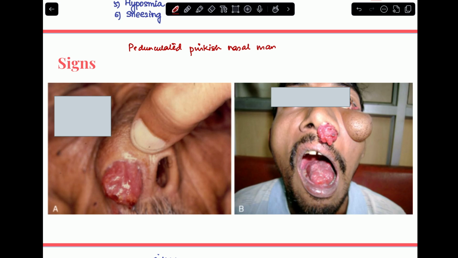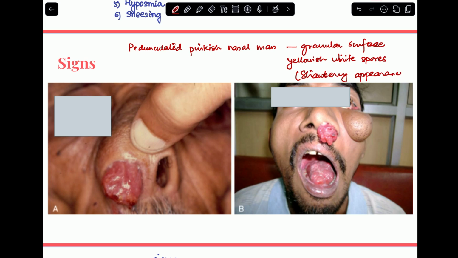Not just that, it has a granular surface which is studded with a lot of yellowish white spores. And this gives it a specific appearance which is known as the strawberry appearance. And this is the description of the nasal mass that a patient with rhinosporidiosis comes to you with.